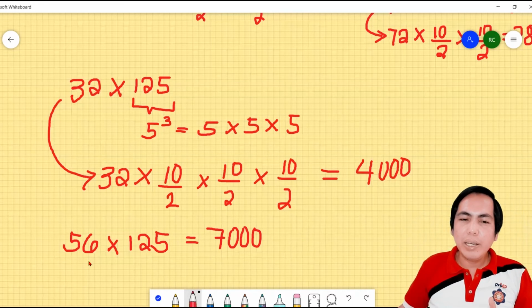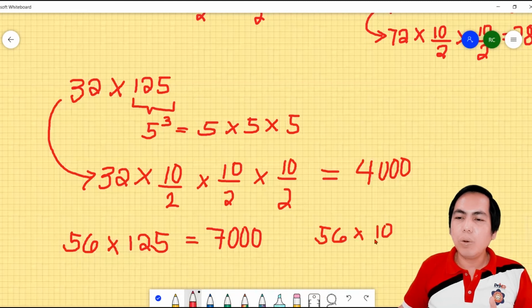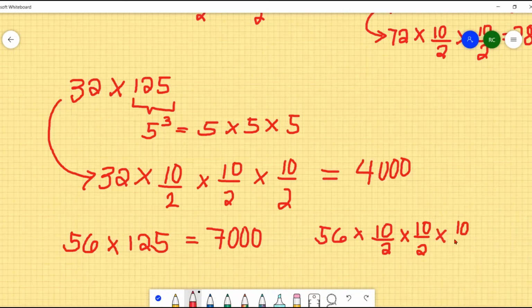We can rename 56 times 125 as 56 times 10 over 2 times 10 over 2 times 10 over 2, or just simply divide 56 by 8. So 56 divided by 8 is 7, and then whatever the quotient is, multiply it by 1,000, because 10 times 10 is 100, times 10 is 1,000. So 7 times 1,000 will give us 7,000.